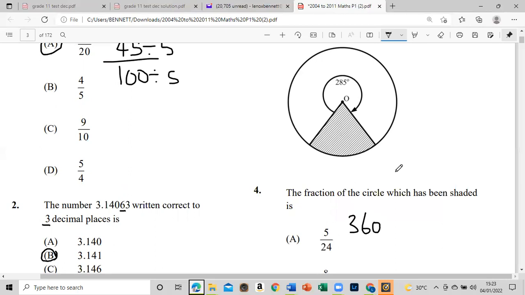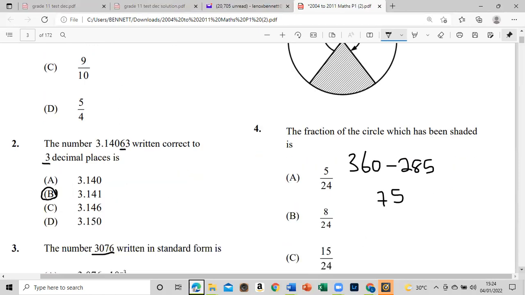We don't want the reflex part, so we are going to minus 285 from that. So 5 from 10, that's 5, then it's 75.